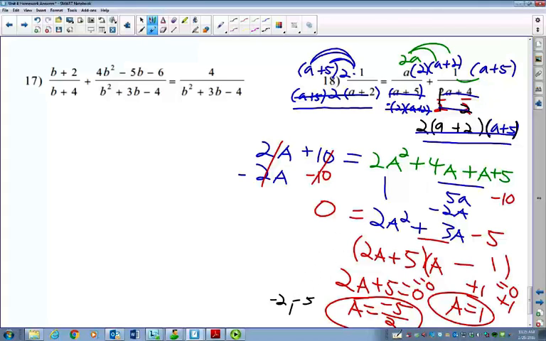And then over here we had a 2a plus 4, which factored into 2 times a plus 2, so that was just a negative 2 as well. So our exclusions are can't equal negative 2 and negative 5, which is neither of our solutions, so we're fine with a equals negative 5 halves and a equals 1.